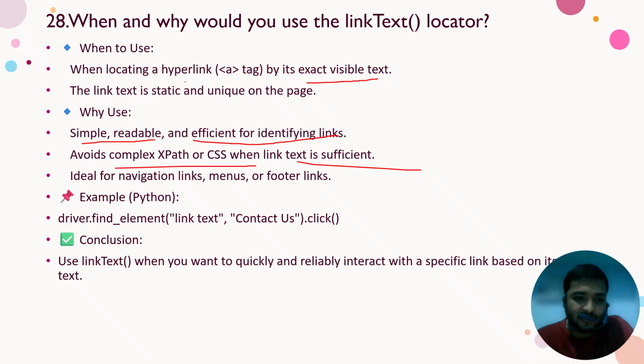Link text is sufficient and ideal for navigation link menus and footer links. Example: driver.findElement(By.linkText(...)). Conclusion: use link text when we want quick, readable interaction with a specific link by its text.